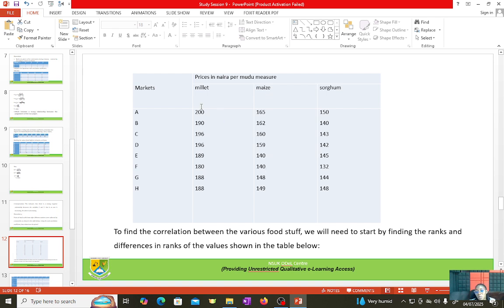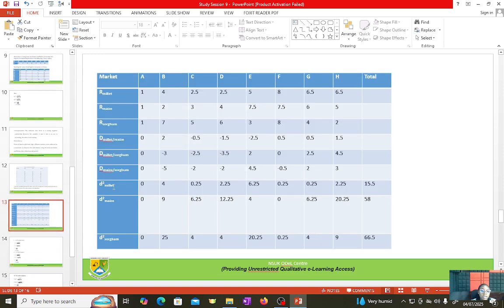You can go ahead to begin to find the difference in rank from this data set given. So you assign ranks to these prices either in ascending or descending order. You assign ranks to them and then get the difference in ranks and then get the square of the differences.